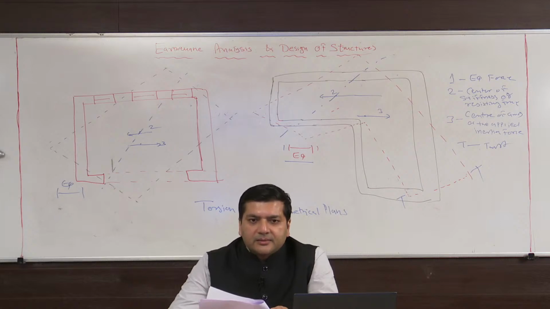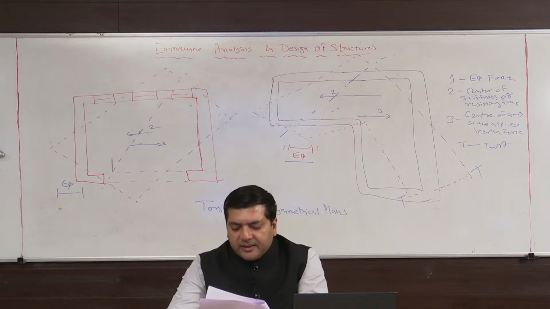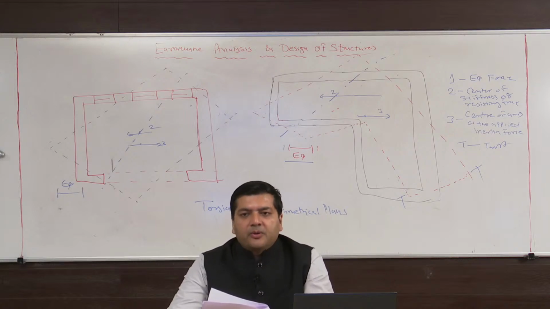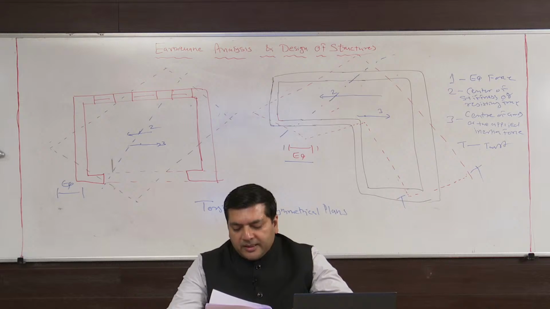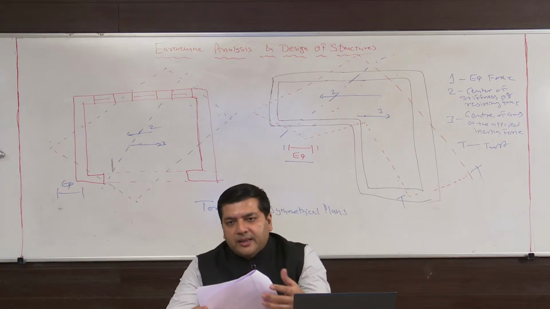Which is correct? Minimum. So underline this line: the distance between the center of mass and the center of stiffness, that is static eccentricity, is as minimum as possible, so that either no torsional force will come or it will be very less.